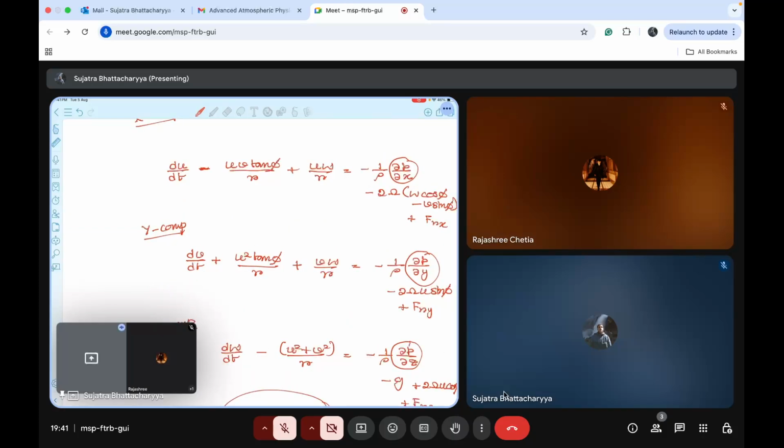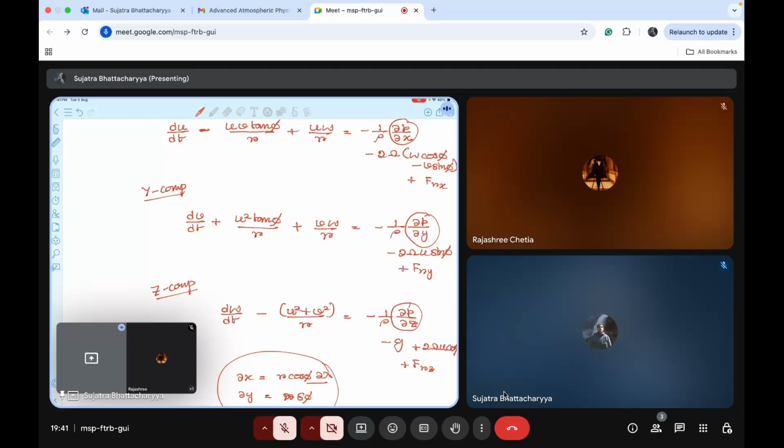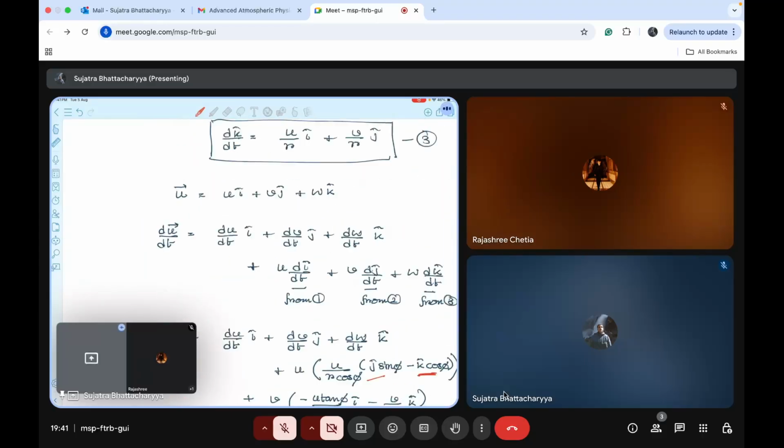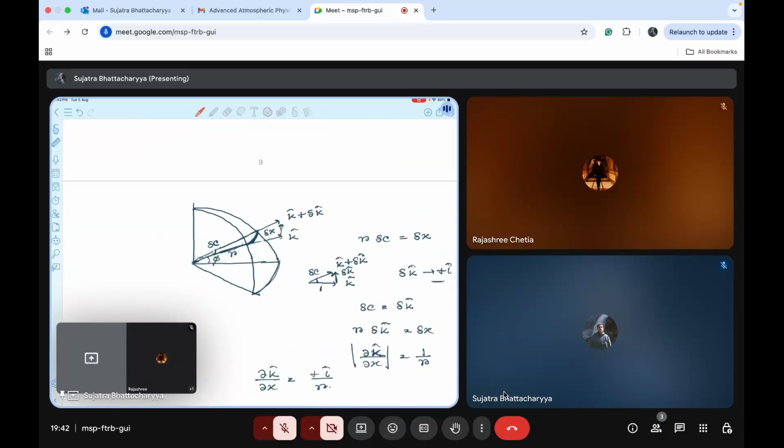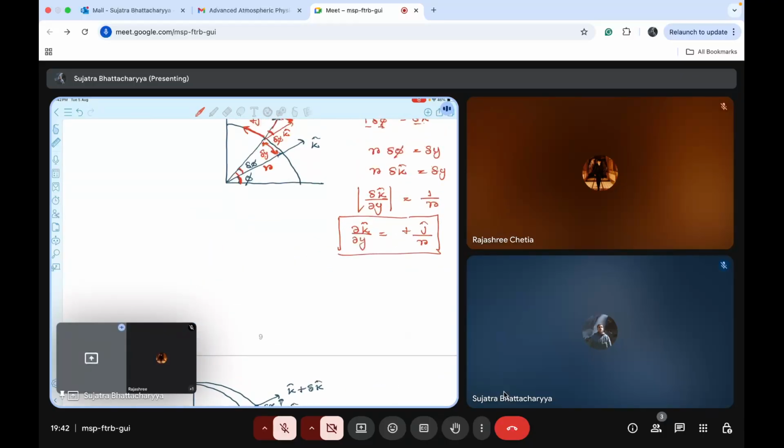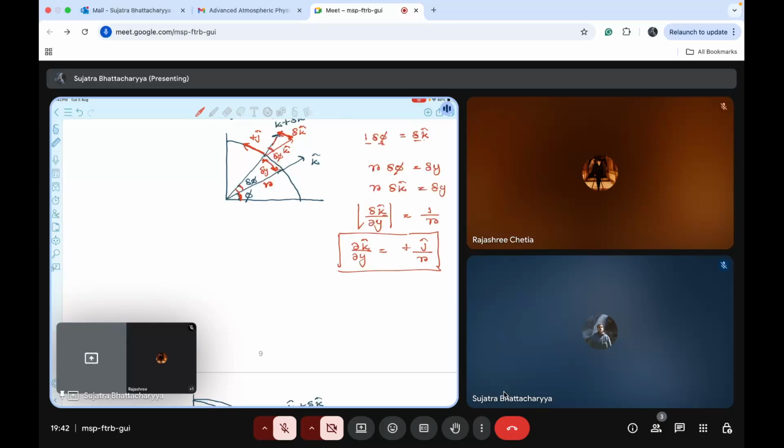You can't derive it in your exam, but if you practice it and understand these equations, and try to write them down, it will be clearer to you. Whenever you need to see how it is derived, just look into this. I have gone into much more detail, I think, compared to the content given.